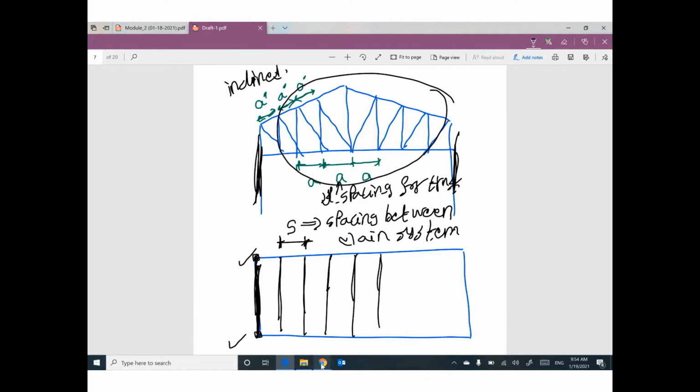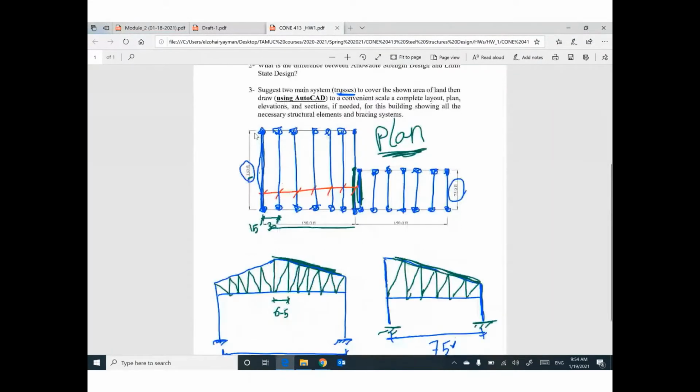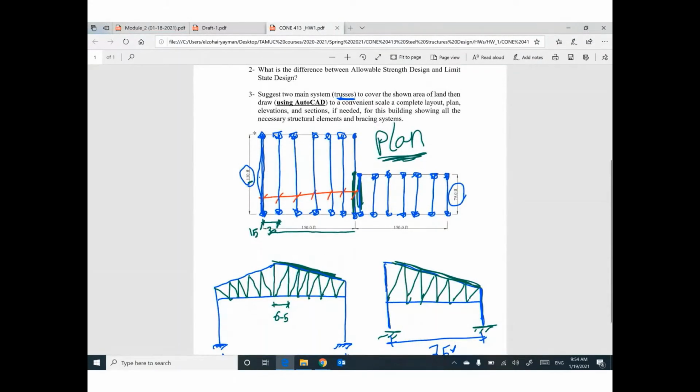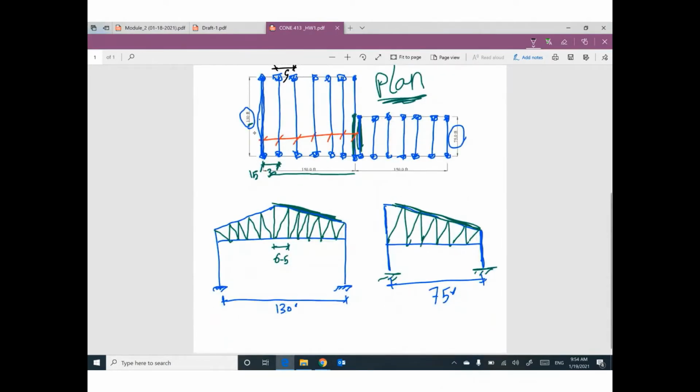If you open your homework one more time, sorry for that, I can figure out the distance S, the distance A, and the distance A prime. Please be familiar with these spacings, S, A, and A prime.